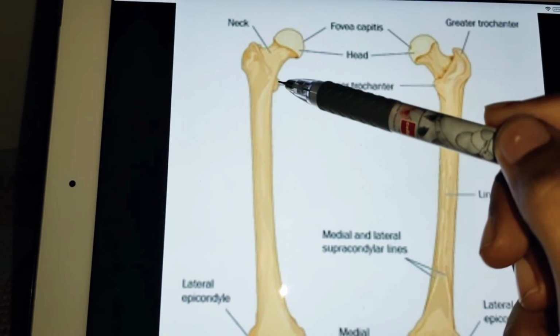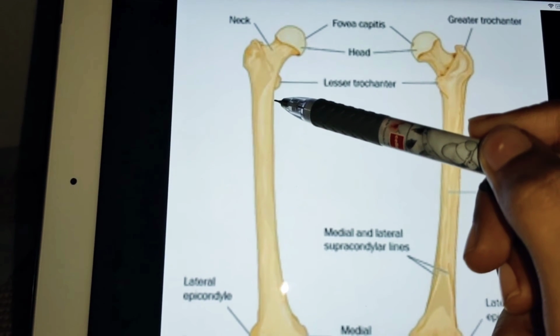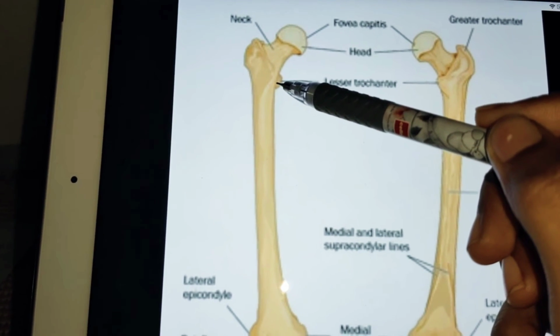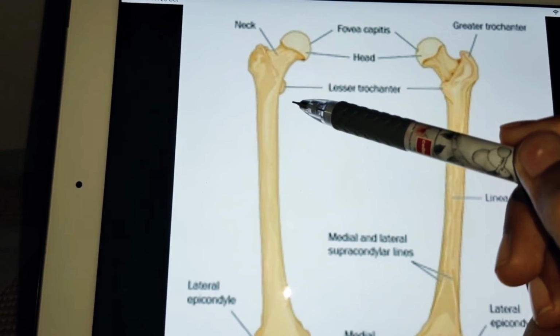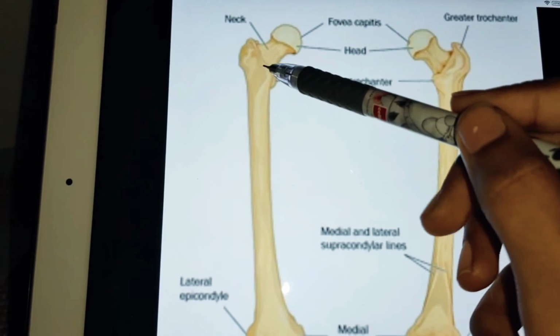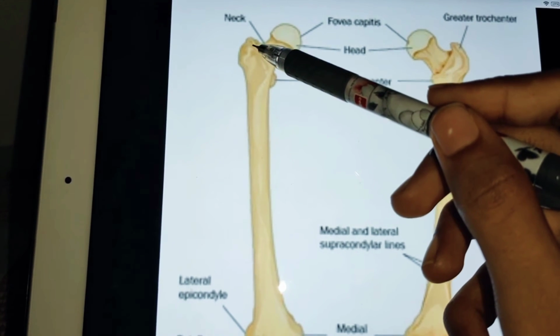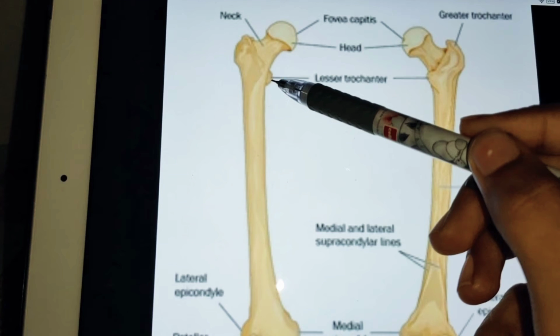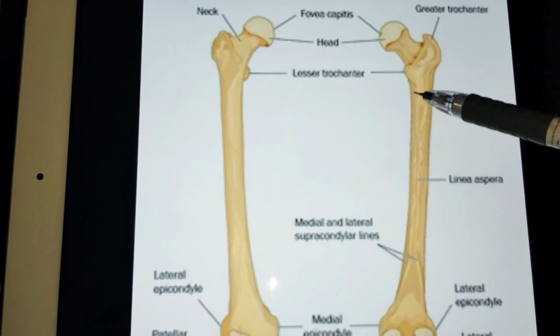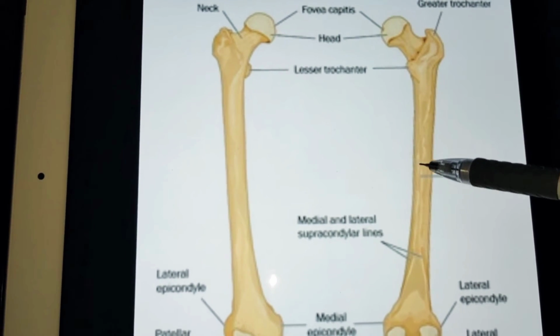So in front of the lesser trochanter it will continue here like this. The spiral line winds around the shaft below the lesser trochanter to reach the posterior surface of the shaft. So this intertrochanteric line starts on the anterior surface, passes near the lesser trochanter, and comes on the posterior side as the spiral line.